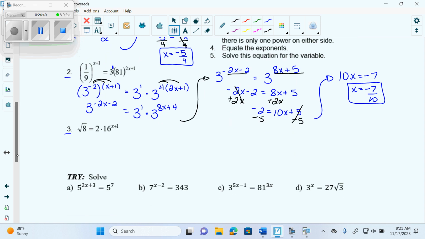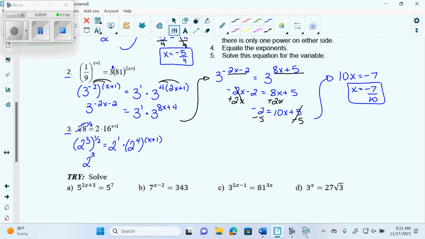Okay. We can make these all be base 2. We agree? So 8, this is 8 to the half, technically, is it not? So we can go 2 to the 3 to the half equals 2 to the 1 times 2 to the 4x plus 1.